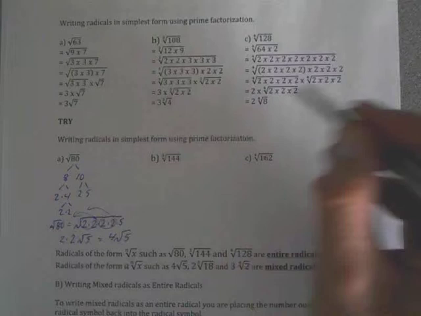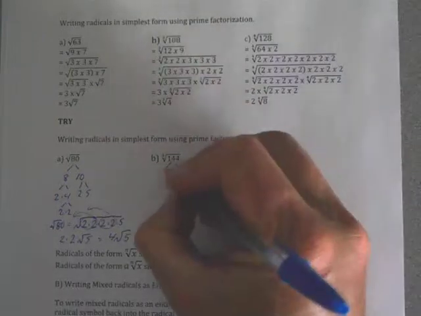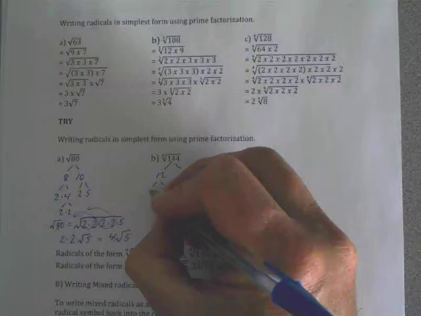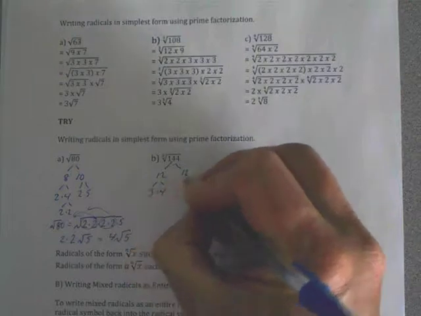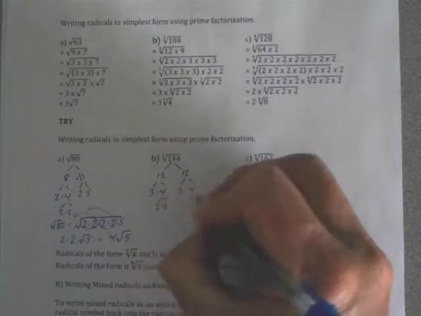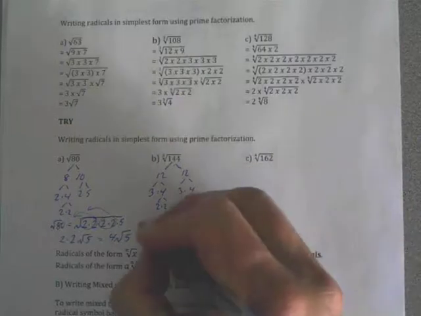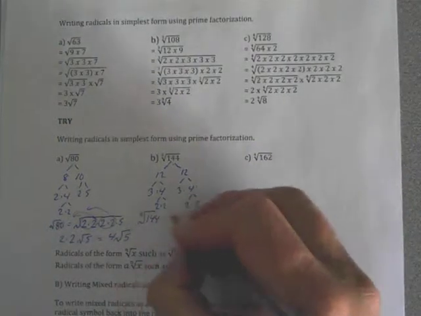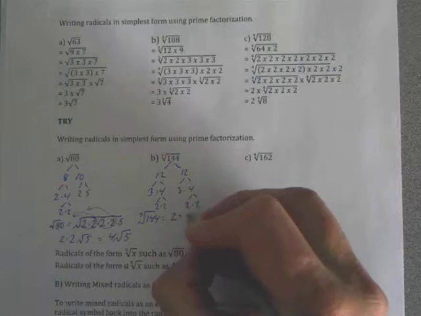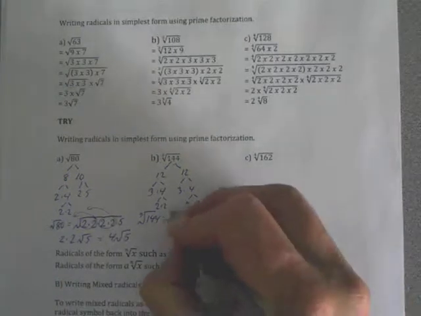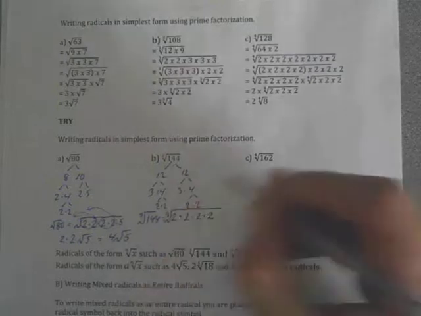Same with here, we have the cube root of 144, and 144 is equal to 12 times 12. 12 is equal to 3 times 4, and 4 is equal to 2 times 2. So the cube root of 144 is equal to 2 times 2 times 2 times 2 times 3 times 3, all under the cube root sign.